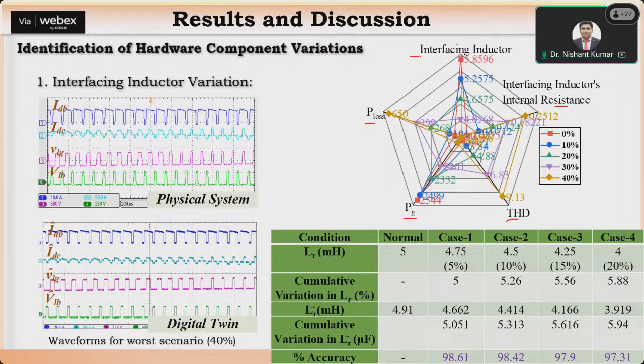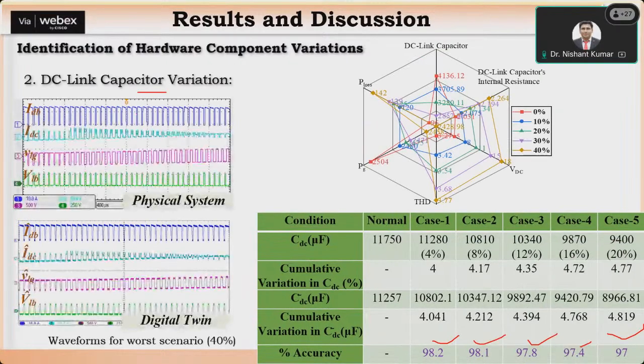We have monitored these things. But when we go to the capacitor, then power loss, grid power, THD, DC link voltage, internal resistance, capacitance, and fluctuation. All this information is used to decide what is happening there and who is responsible for that. And by using AI, we predicted that this is because of the capacitor and how much capacitor deterioration there is. Yes, this is intentional, but the target is to predict that. So the result is given here.